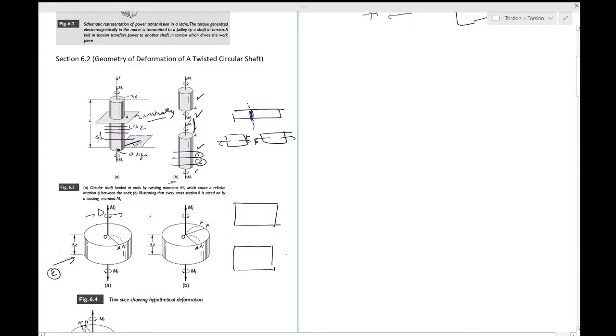Okay, so this is the whole thing, that if one end of the slice bulged out, the other end will also bulge out. Okay, why would this happen? Because of the symmetry.